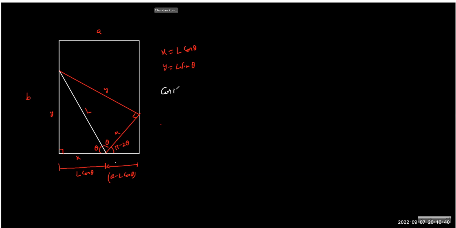So cos(π − 2θ) we can write, in this triangle, as base upon hypotenuse, which is how much? X. And x is how much? L cos θ. So cos(180° − θ) is −cos 2θ, which is A by L cos θ minus 1.